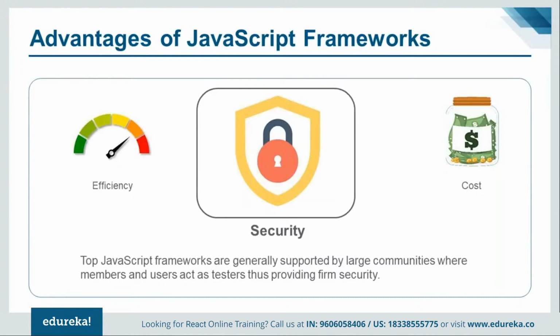Apart from that, many of the JavaScript frameworks are supported by an open source community. Developers keep contributing here, and individuals who are building new applications can reuse those functionalities and apply the security-related patterns into the application itself.